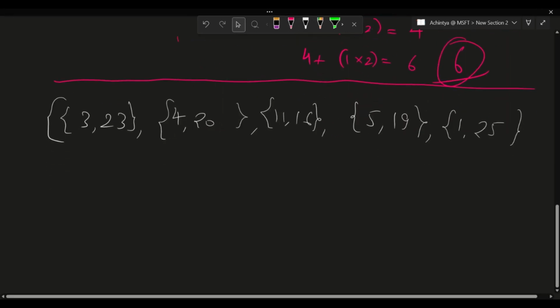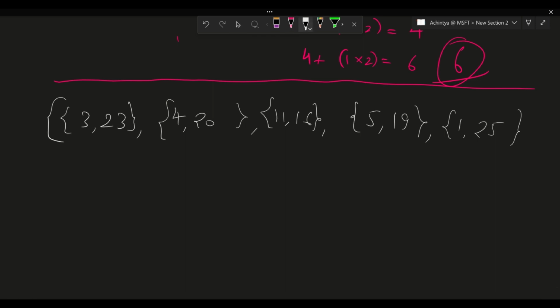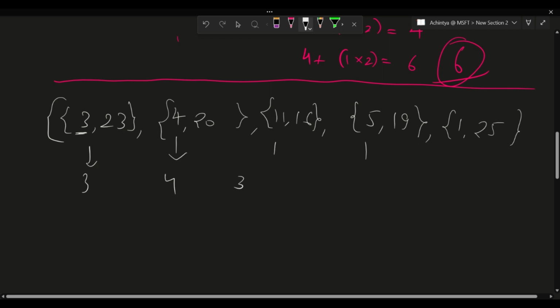Now, can you see a pattern here? Let's try to find some pattern out. Suppose I am comparing 3 with all the players, we can see that 3 is smaller only than 4, 11, 5. It is not smaller than 1. So the count is 3. Now let's check 4. 4 is smaller than 11 and 5. So for 4 the count is 2.